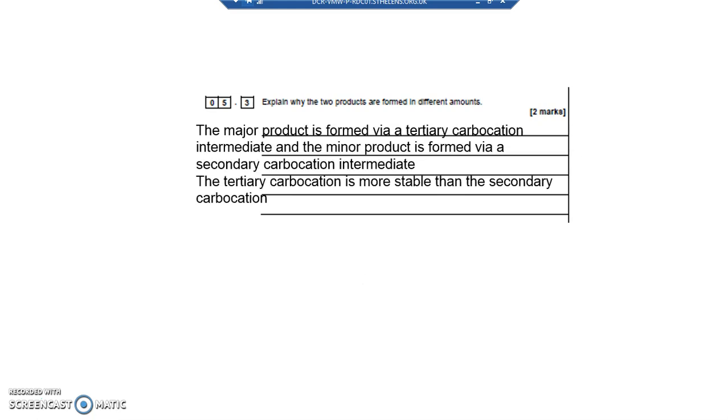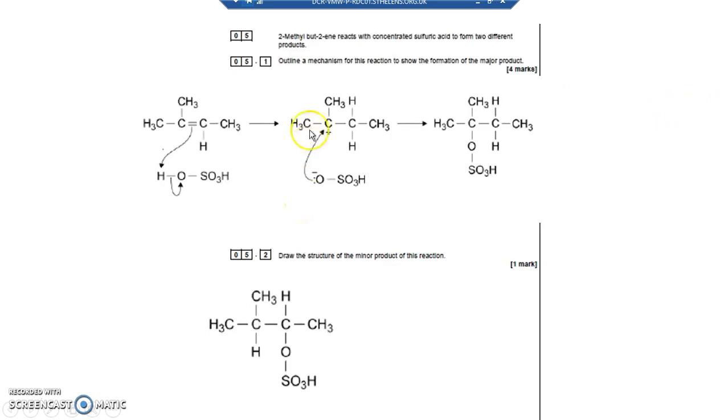There may be an extension mark at this point. It isn't in this question, but there might be an extension mark, say 3 marks. So why does this actually happen? Why is the tertiary carbocation more stable? And the answer is that a tertiary carbocation has methyl groups around it, or tends to have methyl groups around it, which repel electrons.